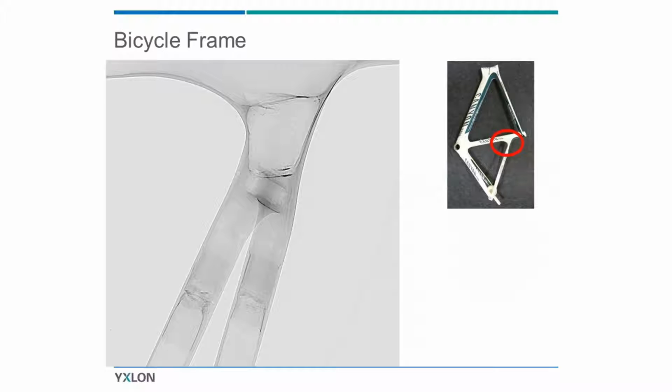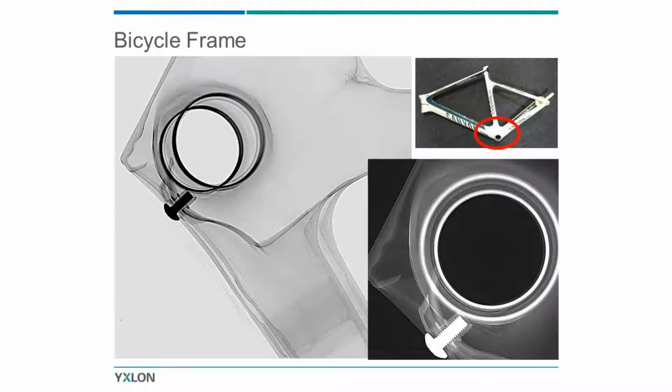The third picture is the hub area, where it also shows the different components, like the steel parts, and there's a screw in there. You can see some wrinkles, and some lighter areas where you have potentially porosity or debonding. And in a lot of cases, this is just enough to see what you want to see.